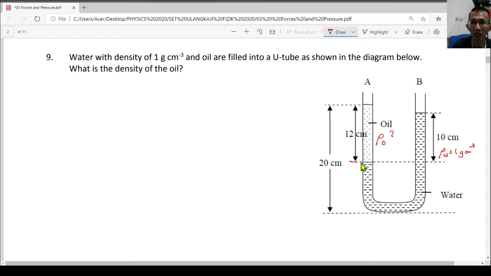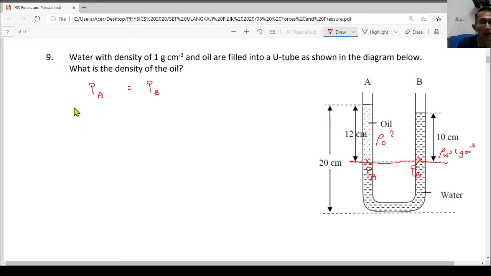So draw a line here, alright? From this point to this point, the length is 12. From this point to this point, I have 10 centimeter. So what do I know about the pressure at this point? Suppose here I put pressure at point A, here is pressure at point B. So the pressure at point A must equal the pressure at point B. What is pressing point A?